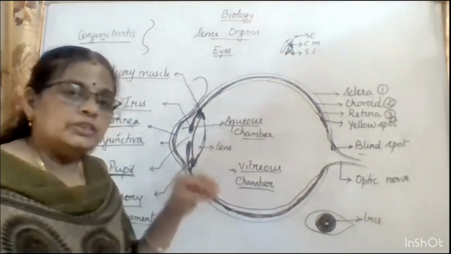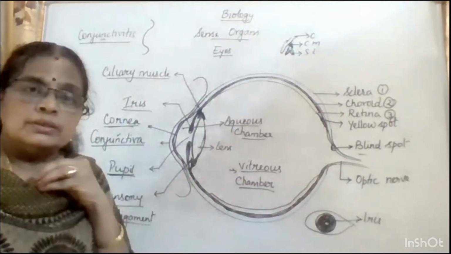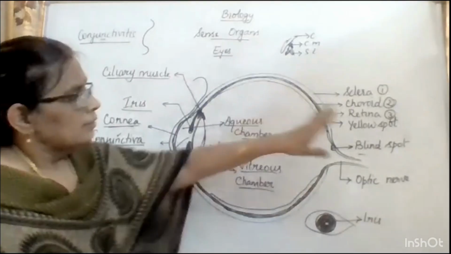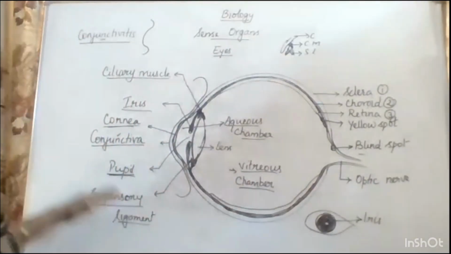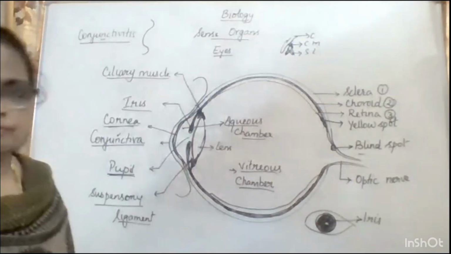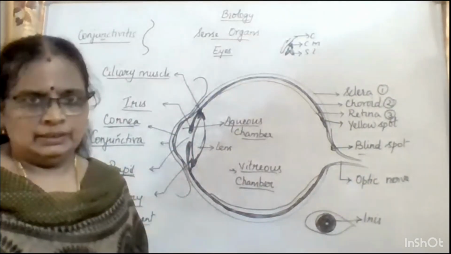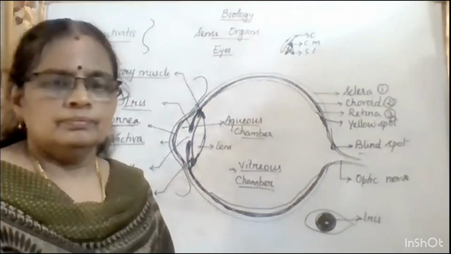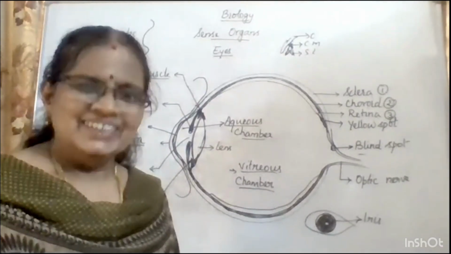One particular region in the retina where we have many sensory cells of vision is known as the yellow spot. So I have introduced you to these words. We'll talk about their structure and function in detail. Right, children? Maybe I'll discuss this in the next video.